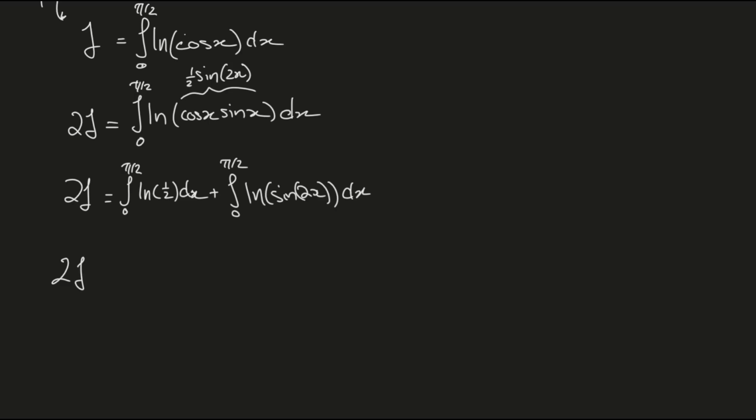So we have 2J is equal to the integral from 0 to pi by 2 of log 1/2 dx plus the integral from 0 to pi by 2 of log sine of 2x dx. Now for the first integral, it's pretty easy to see what it evaluates to. It's just pi by 2 times log 1/2, which is the same as negative pi by 2 log 2.